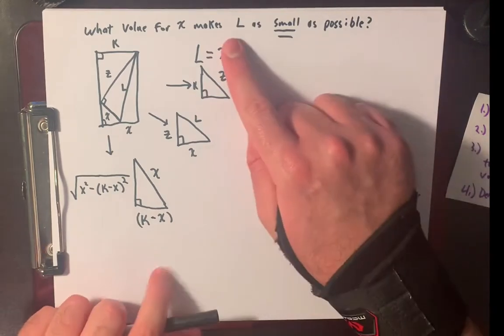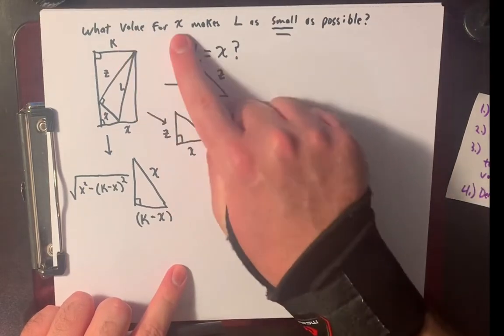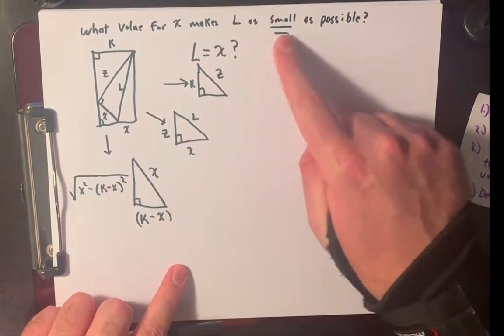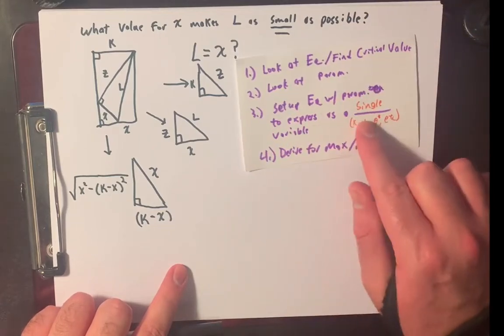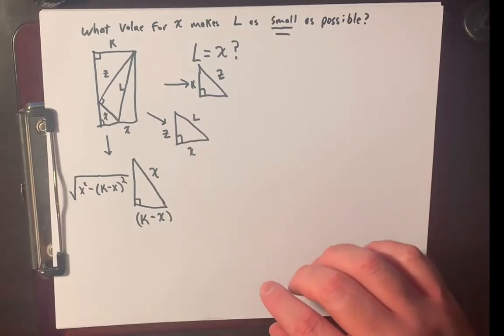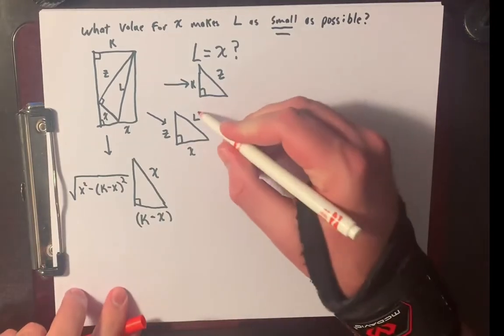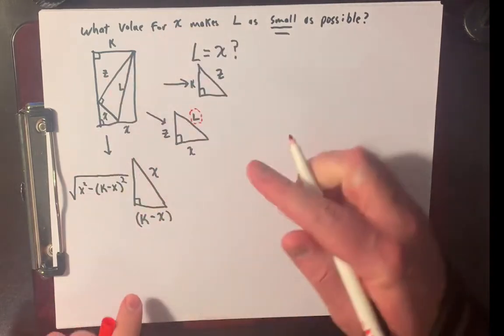Okay, so our ultimate goal here, remember, is to express L in terms of x, because we want to know what value for x will make L as small as possible. Put back our steps here, right? Express this as a single variable. Well, we can see from this, just kind of a given, L appears in one of these triangles.